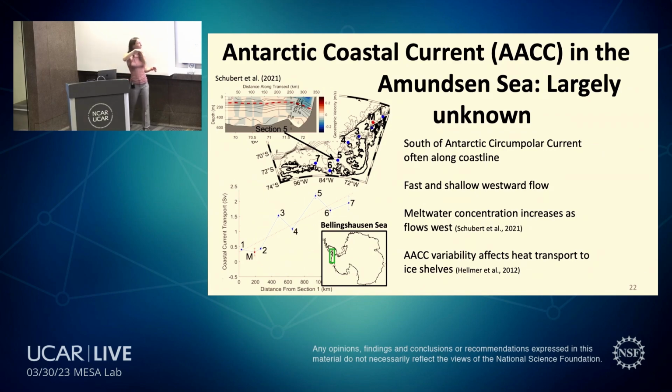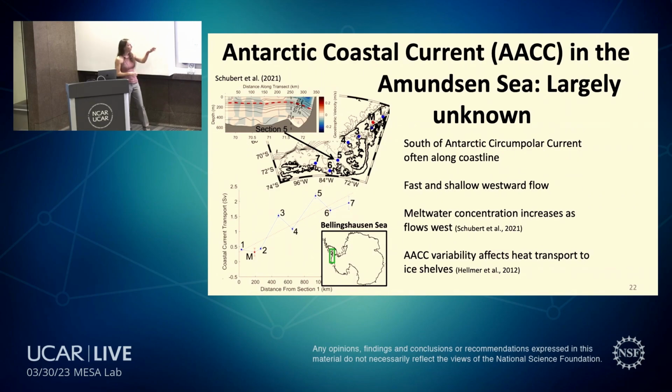So the coastal current flows around much of Antarctica, but we don't know how much. As it flows on the western side, it goes over to the Ross Sea, into that big divot at the bottom of Antarctica there. And that's an area where we have deep water formation. So the amount of meltwater that goes into that area is really important for driving deep water circulation around the globe.